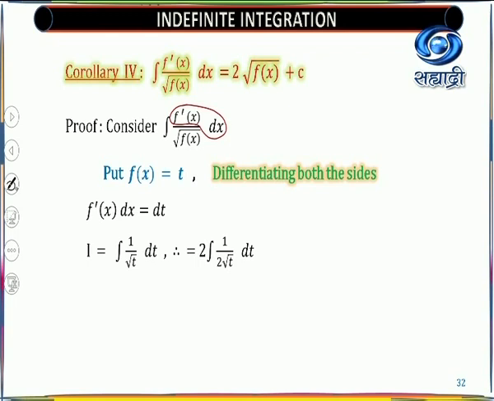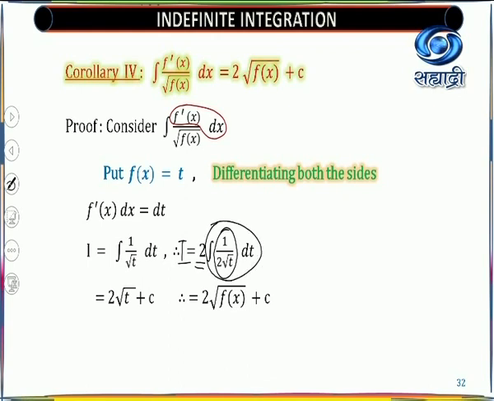I equal to 2 into the integral of 1 upon 2 root t dt. This is nothing but the one whose derivative is 1 upon 2 root t, that is the derivative of root t. So by formula you will get 2 root t plus constant of integration, because 2 is already there and this integral is root t plus constant of integration.